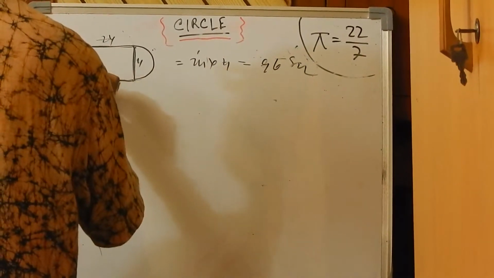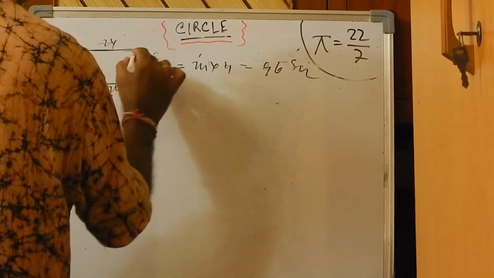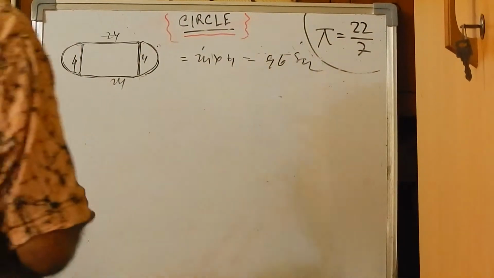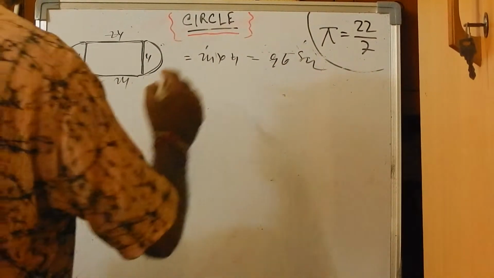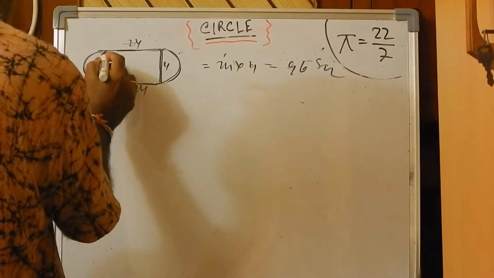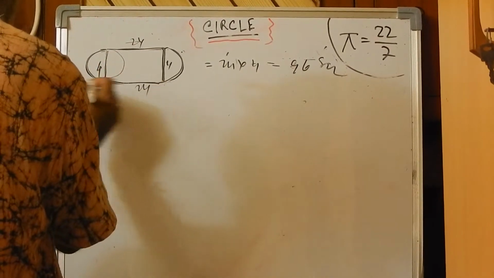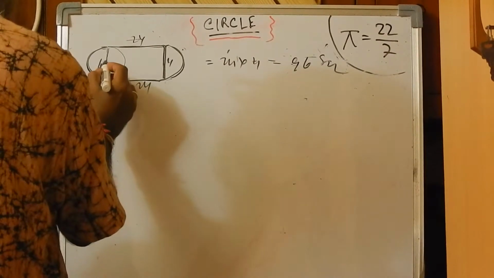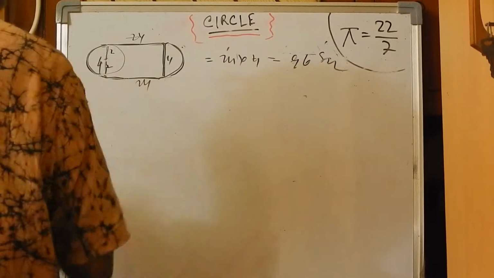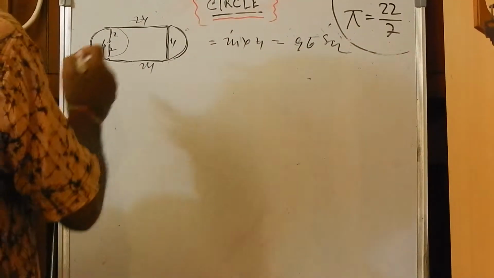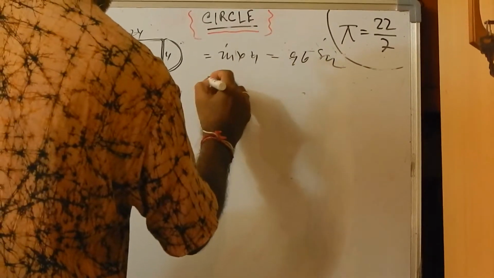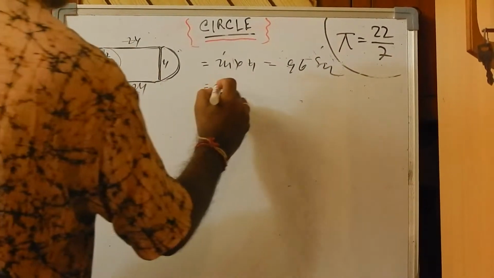Now these two portions I just discussed are a semicircle or half circle. For this, the length is 4, so it is part of this type of circle. So the radius is 2. This area is half pi r square.